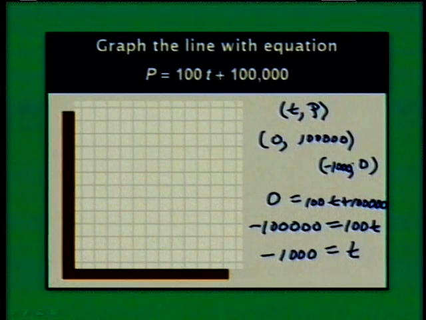So when I choose scales for my axes, I need to be able to get to the point minus 1,000, 0 on the t-axis and 0, 100,000 on the P-axis. Since I need to get to the point 0, 100,000 on the P-axis, I think I'm going to draw my t-axis fairly close to the bottom of my grid.